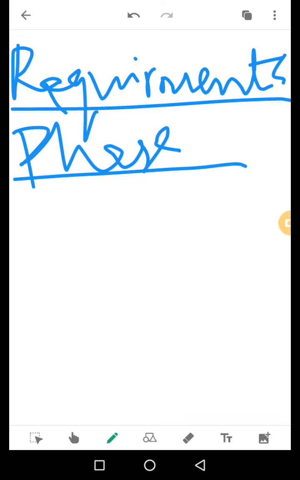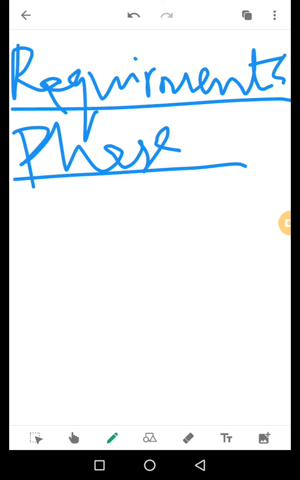Are you getting it now? Okay. So we want to have a look at the steps in carrying out the requirements analysis process. We want to look at the steps. 1. Fix system boundaries.